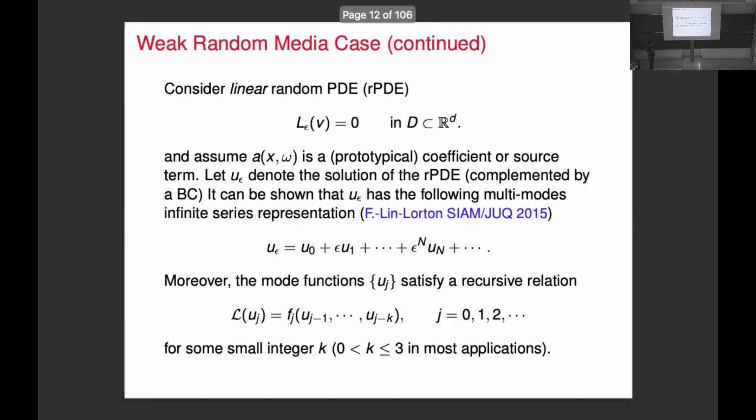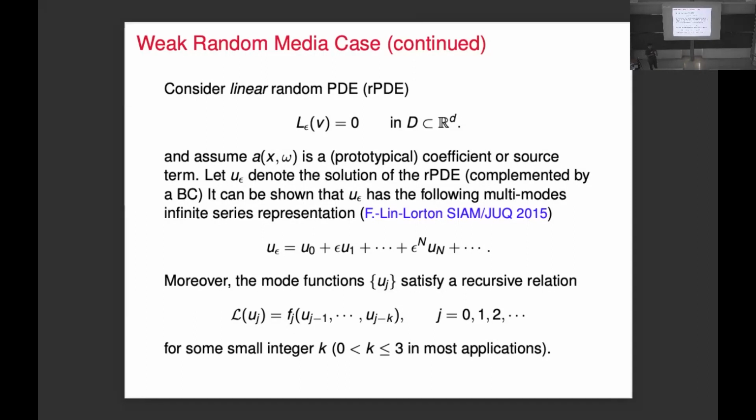Okay. In this case, if you have a linear random PDE abstractly, then you can prove in general, for the diffusion equation and for the wave problems, that the solution has a small parameter epsilon expansion, a power series.